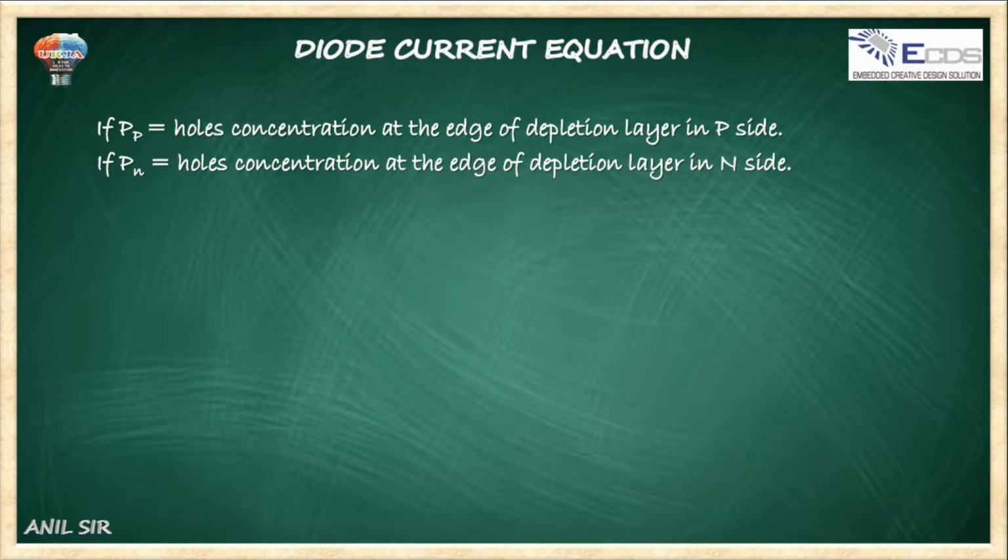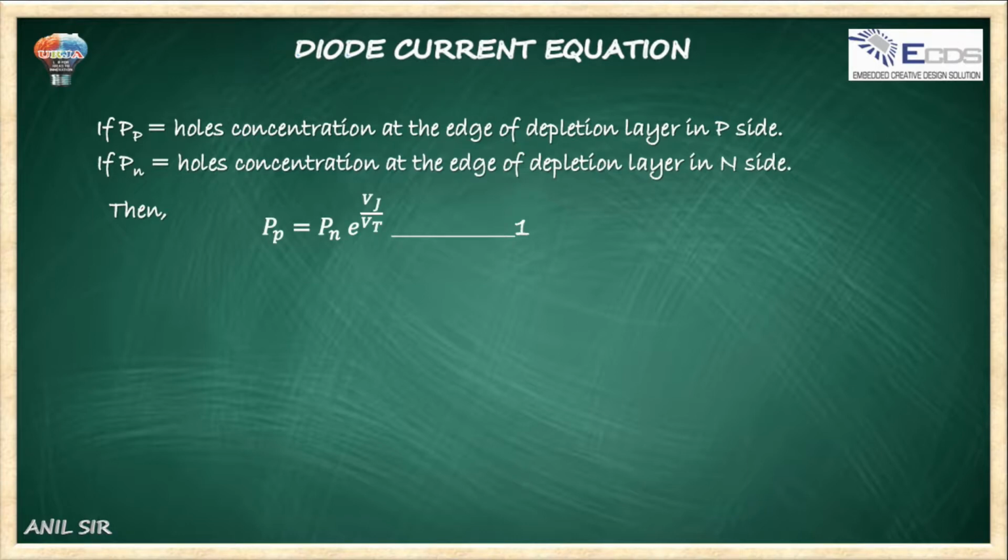So we are considering only holes here. How many holes are concentrated next to the layer on the P side, and in the same way how many holes are available next to the layer on the N side. So Pp is the hole concentration at the edge of the depletion layer on the P side, and Pn is the hole concentration at the edge of the depletion layer on the N side. Then Pp equals Pn e raised to the power Vj upon Vt.